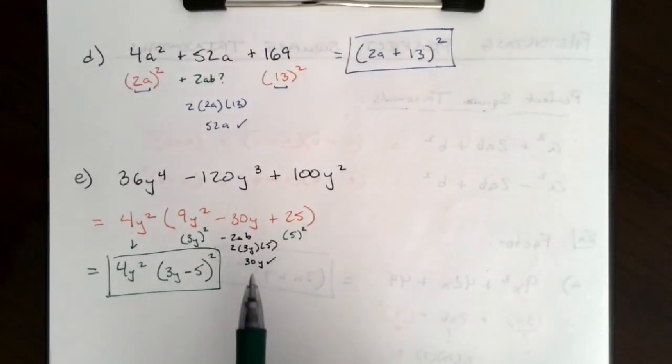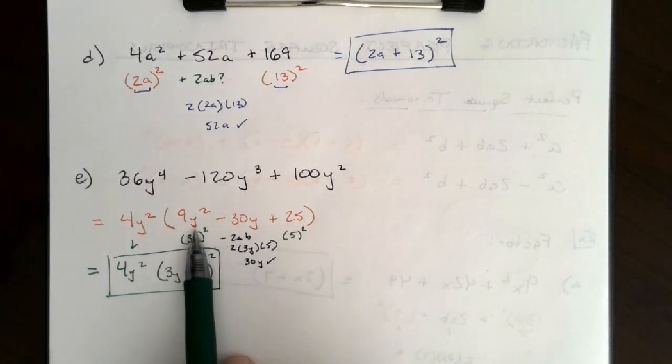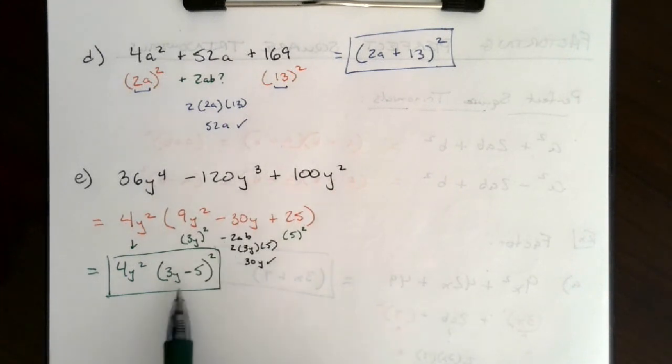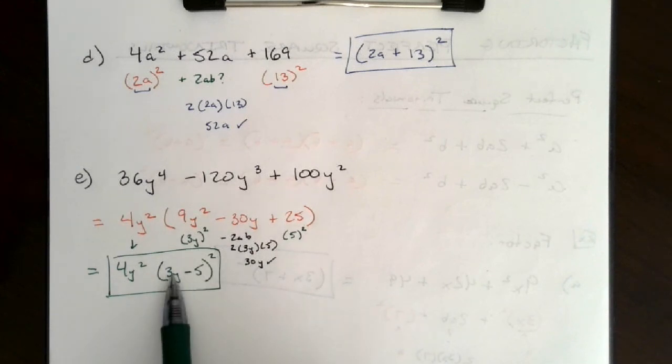So when you're looking at this, the 4y squared stays in front as the GCF. Inside here, you handle it the same way we just did earlier. It's a perfect square trinomial because you have perfect squares at the end, and the middle is equal to 2ab. The minus sign keeps it minus in there, make sure it's the whole quantity squared. Don't try to square the 3y and the 5. Remember, that can't be brought back through this.